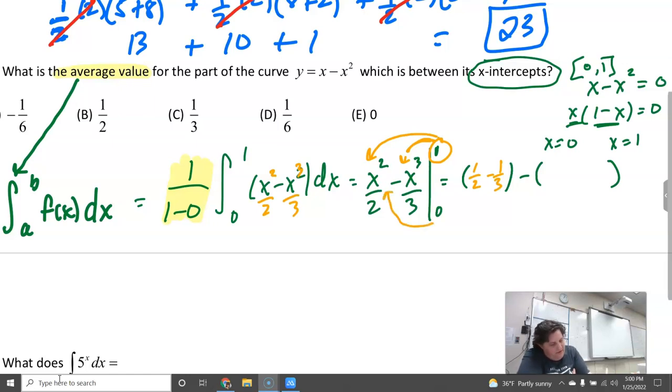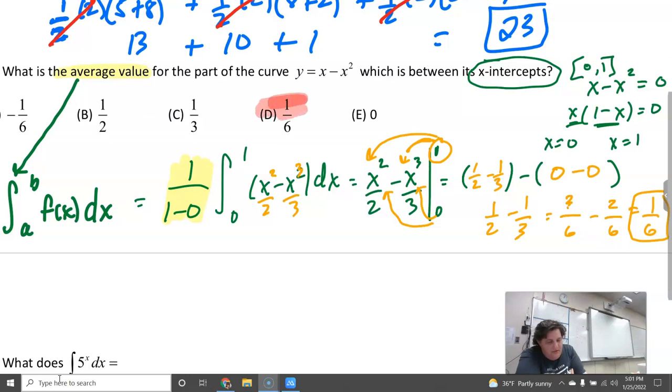When I plug in 0 here, I get 0, and 0 here, I get 0. So I just have to figure out what 1/2 minus 1/3 is. Shoot, if I get a common denominator of 6, 2 times 3 is 6, so that's 3. 3 times 2 is 6, so that's 2, so that's 1/6. And yay, this is multiple choice, so we're good right here. The answer to this is going to be letter D.